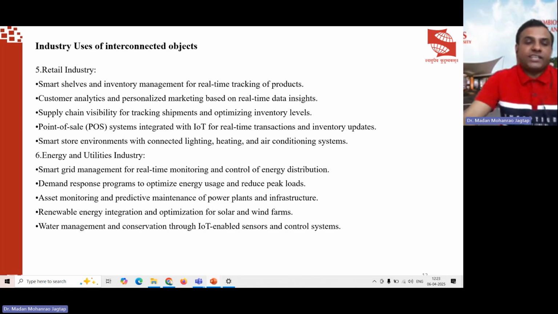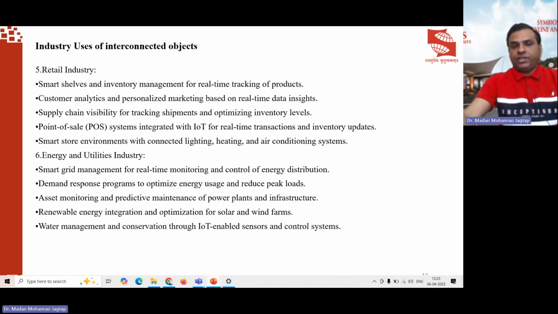Then we can have asset monitoring and predictive maintenance of power plants and infrastructure. We can identify the assets. We can monitor the assets. We can do the predictive maintenance of power plants and their infrastructure.